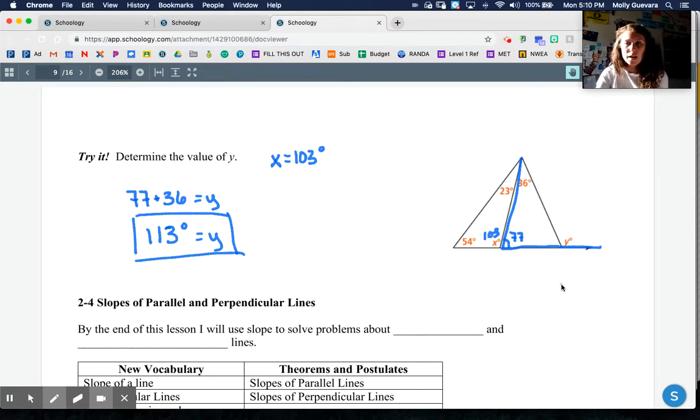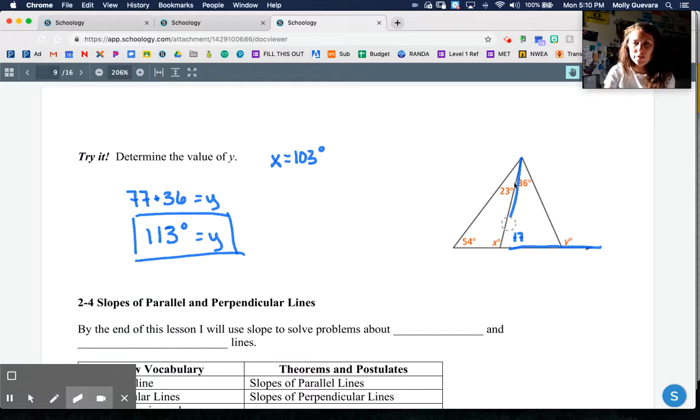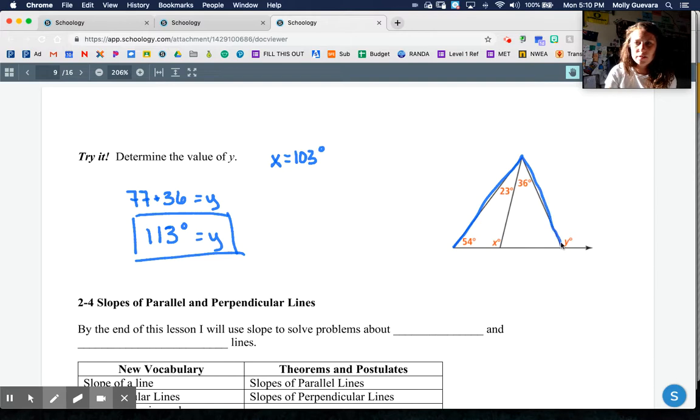The other option, can I show you another option here too? Just in case you did it a different way, which would have been totally awesome, is if you just looked at this angle, or that triangle, right? Where this is 54, and this angle is 23 plus 36, which is 59.